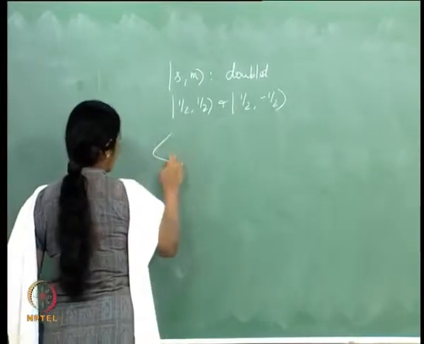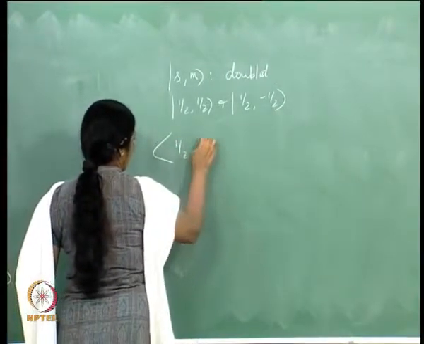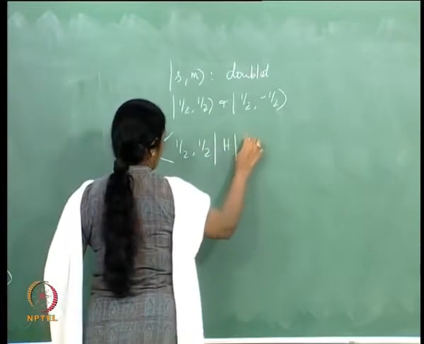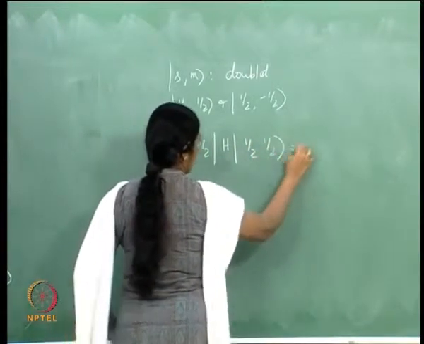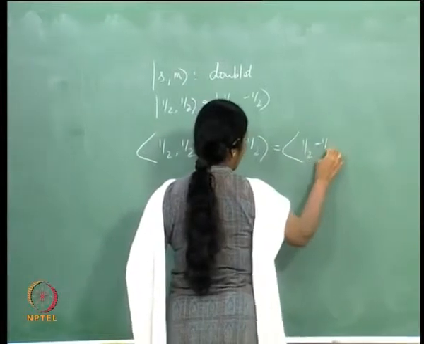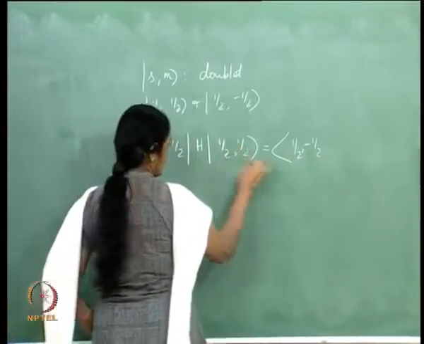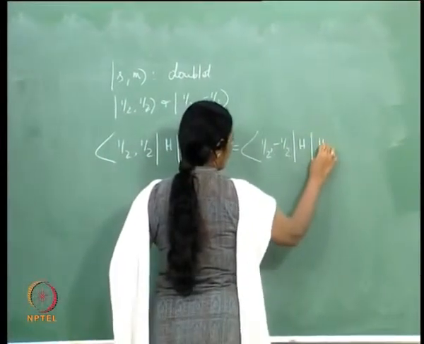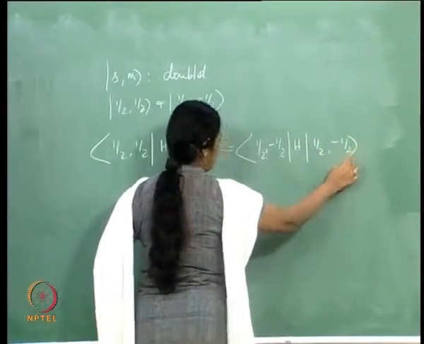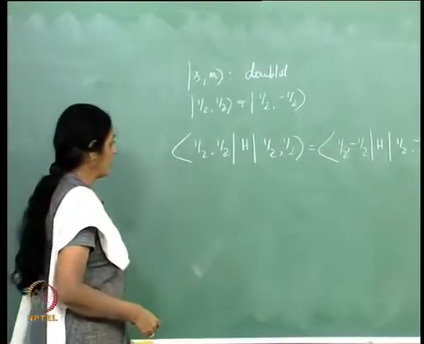So this boils down to the statement that ⟨half, half| H |half, half⟩ is equal to ⟨half, minus half| H |half, minus half⟩. That is what it means.